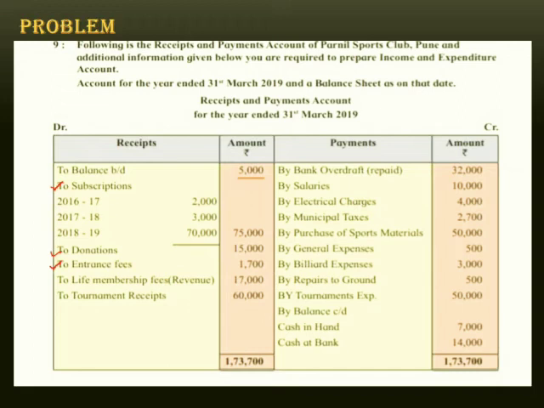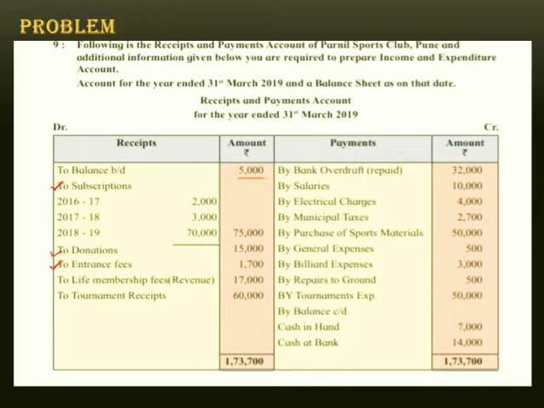Following is the receipts and payments account of Purnell Sports Club, Pune, and additional information given below. You are required to prepare income and expenditure account for the year ended 31st March 2019 and a balance sheet as on that date. The receipts and payments account is given for the year ended 31st March 2019.